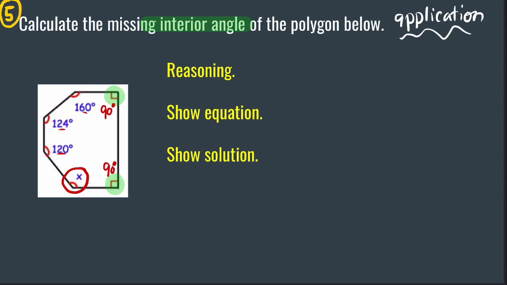Second, we are looking for interior angles of a polygon. So how can I solve for x? I need to use the sum of interior angles of a polygon. I need to know the sum of all the angles there so that I can calculate x.